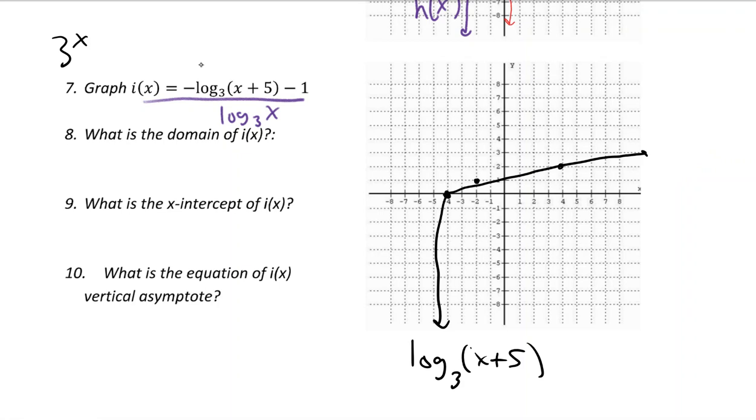Looks like the next transformation would be this negative 1, which we know flips it over the x-axis. So it's already on the x-axis, it stays on the x-axis, but this point would flip down, that point would flip down. Guess that's about all I got there.